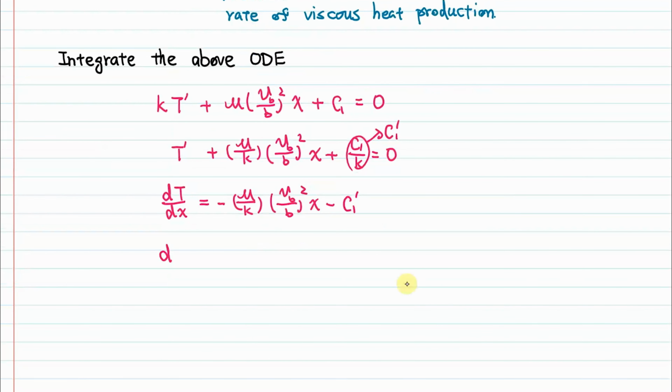So dT equals mu over k vb squared over b squared x minus C1 prime, dx.